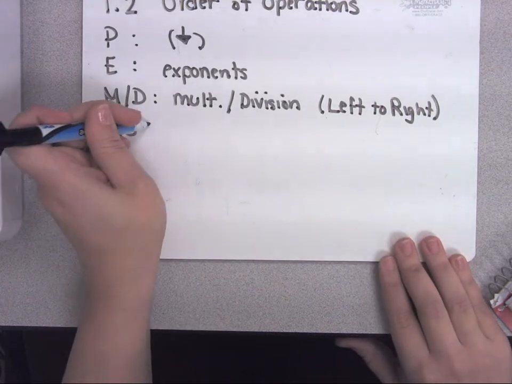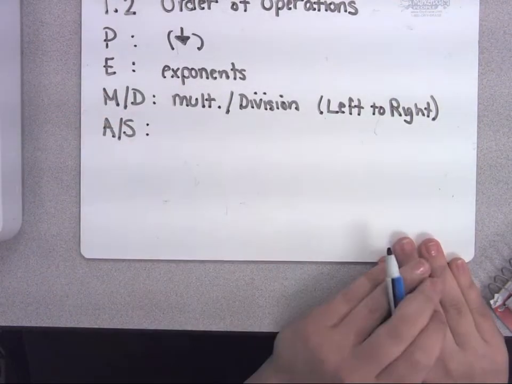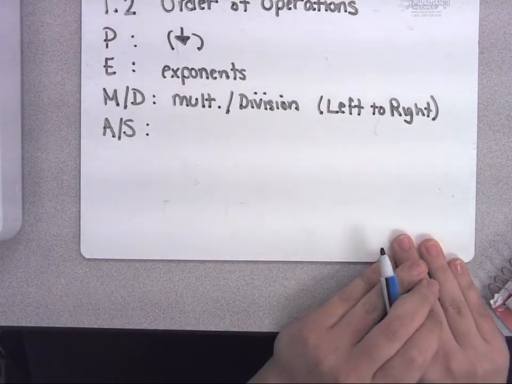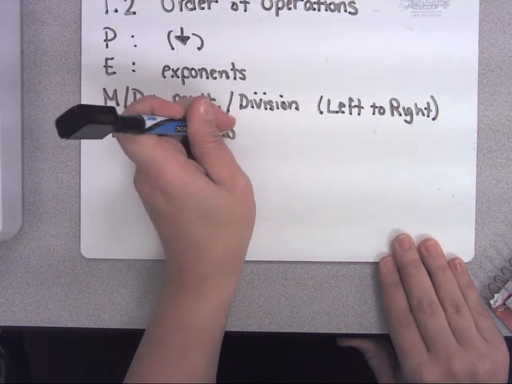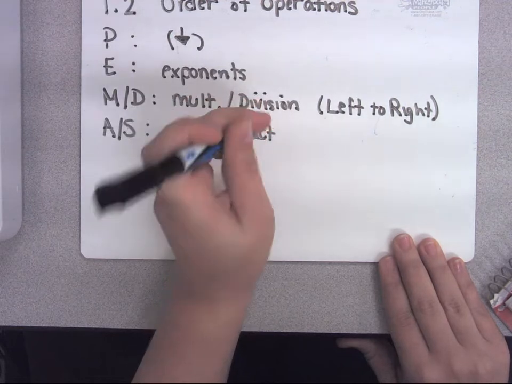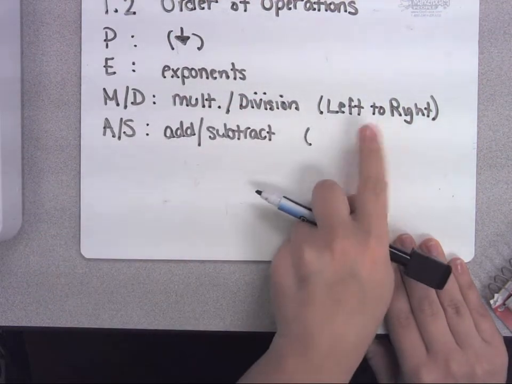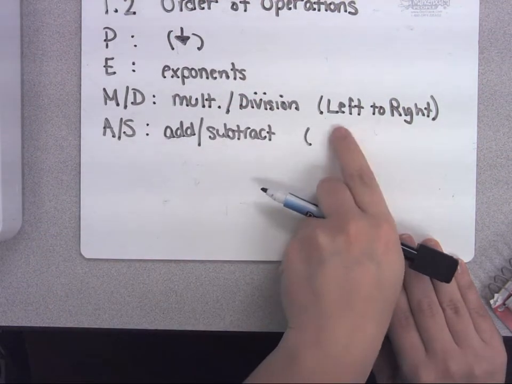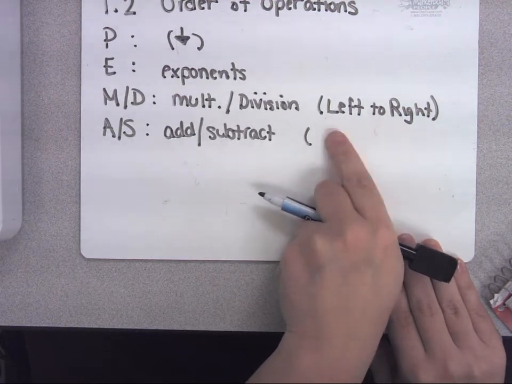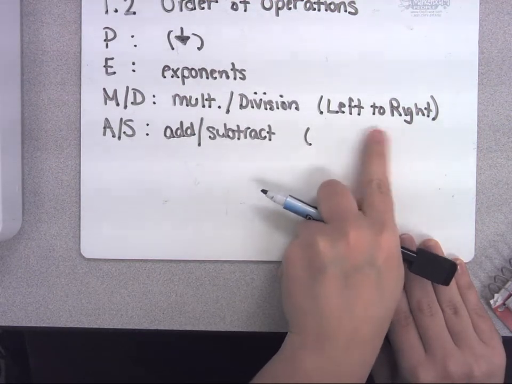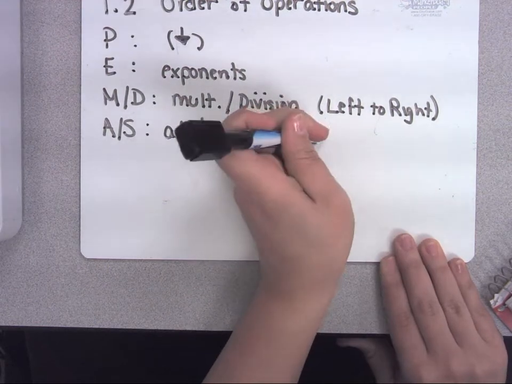Which means A and S, what does A and S stand for? Addition and subtraction. And what do you think we're going to do with those also? We're going to do those based on left or right.